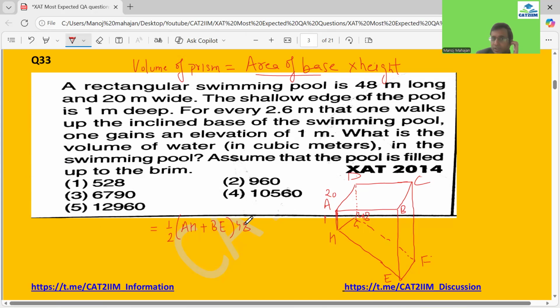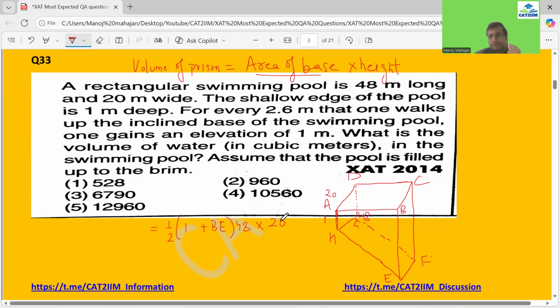So this is the area of the base, and we already know AH, right? That is given to us, the shallow edge of the pool. So that is 1 unit, right? And the height, if I look, I took A, B, E, H as a base and D, C, F, G as the top. So the height would in that case be 20, right? So we need to figure out this value, right?